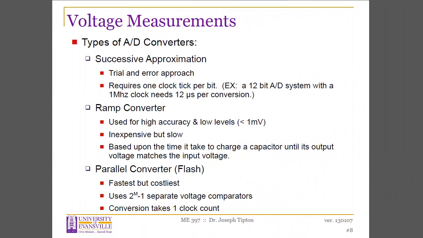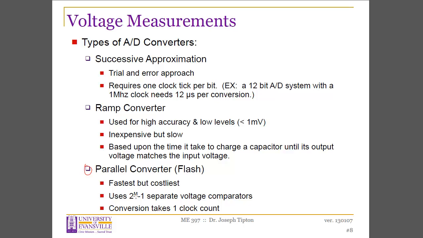The parallel converter, or flash converter, is not the only way to configure an A to D converter system. I have that listed down here at the bottom. It happens to be the fastest, but it's also the costliest. It's the costliest because it requires 2 to the m minus 1 separate op amps serving as voltage comparators. The benefit is that the conversion then only takes 1 clock count per combination of op amps.